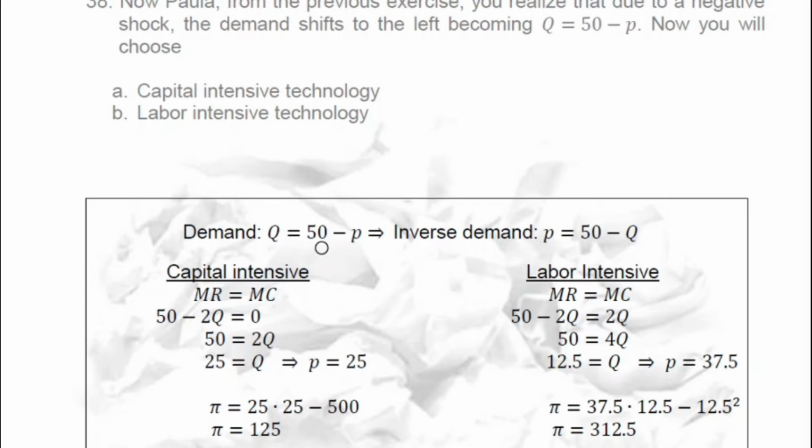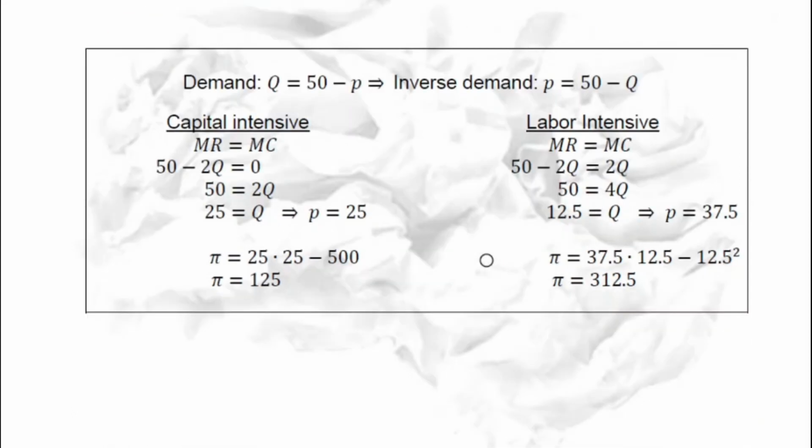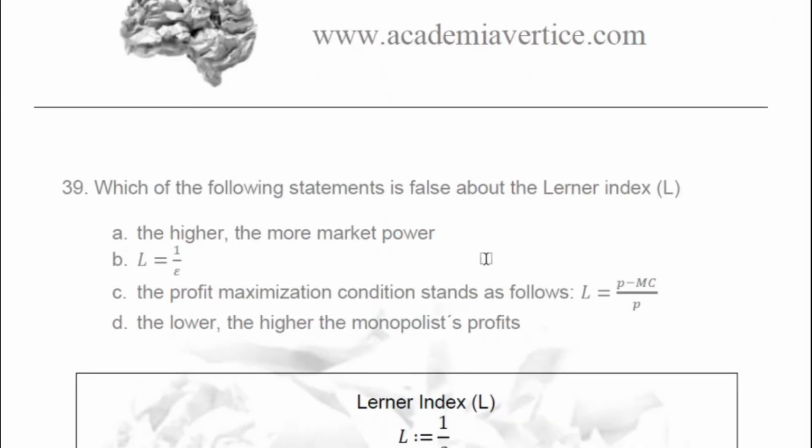But if we produce less, with so high fixed cost, well, that's the story. So we should mark B.